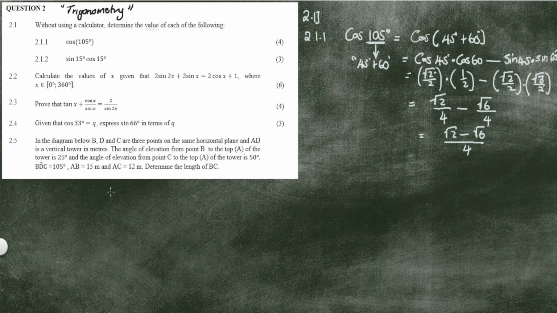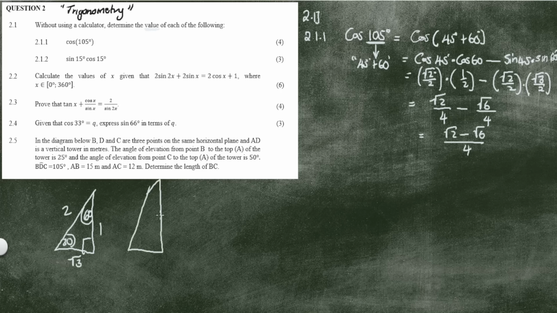Just remember your special triangles. We have two of them, right? We have this one with 30 and 60, with sides square root 3, 1, and 2.